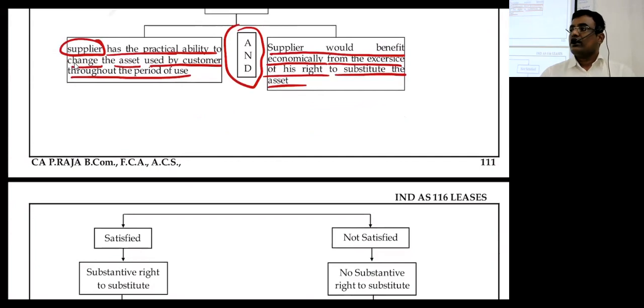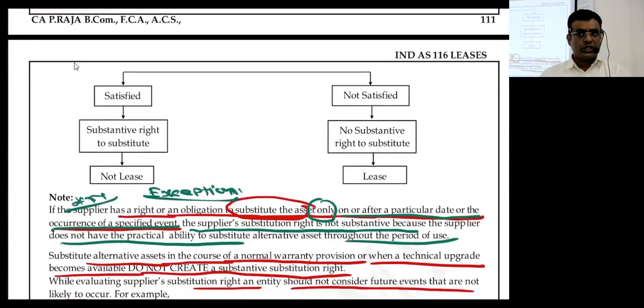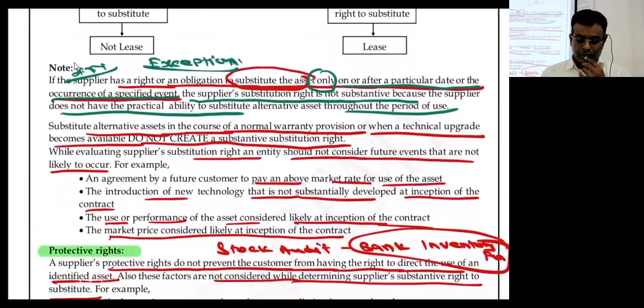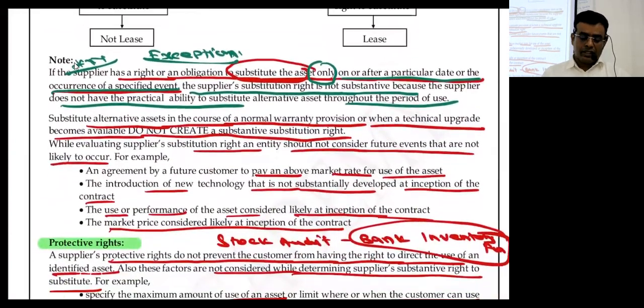So if there are substantive rights to substitute, it is not a lease; otherwise it is a lease. Exception: only on or after a particular date or occurrence of a specific event. He has the rights, but not always, only sometimes. Yes or no? Then what happens? Substantive rights to substitute. Yes or no? In this case, this paragraph notes substantive rights to substitute. Yes or no? No.